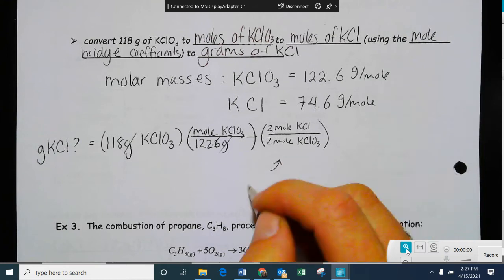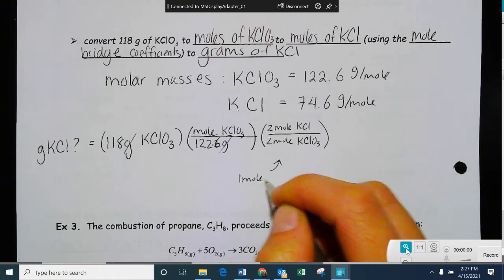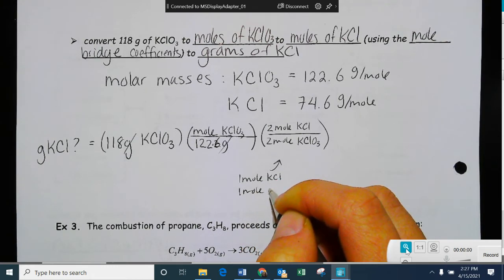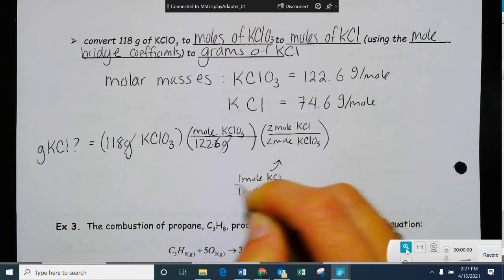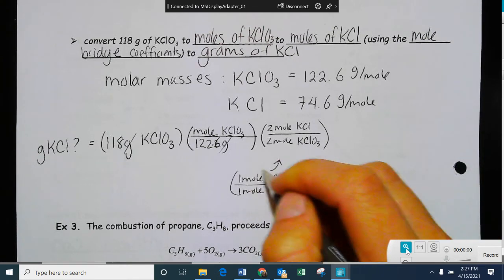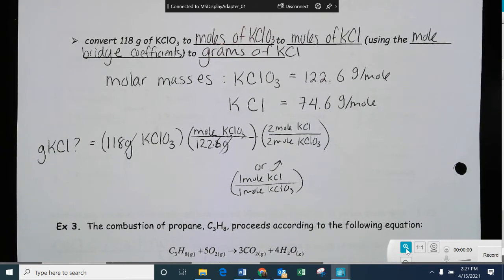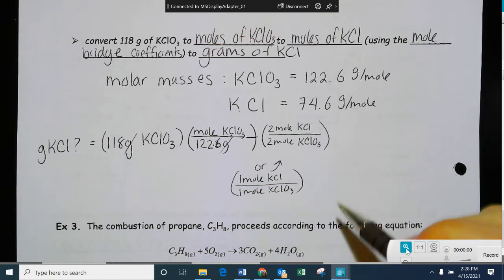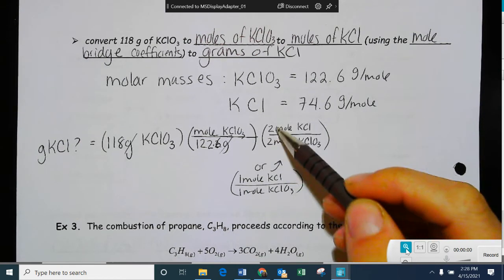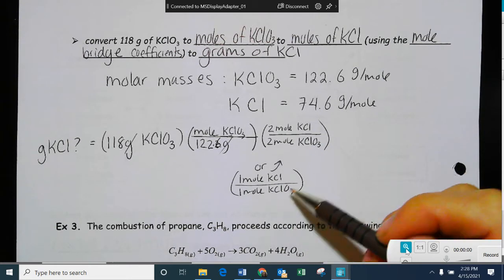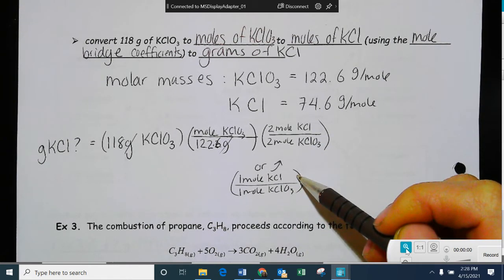You could also write 1 to 1. Both of those things are fine. In the math, when you do the math, they're going to come out the same way. I just find writing the ones a little bit easier. Technically, there's 2 for every 2, so this one's more technically correct, but this one just makes doing the math a little bit easier.